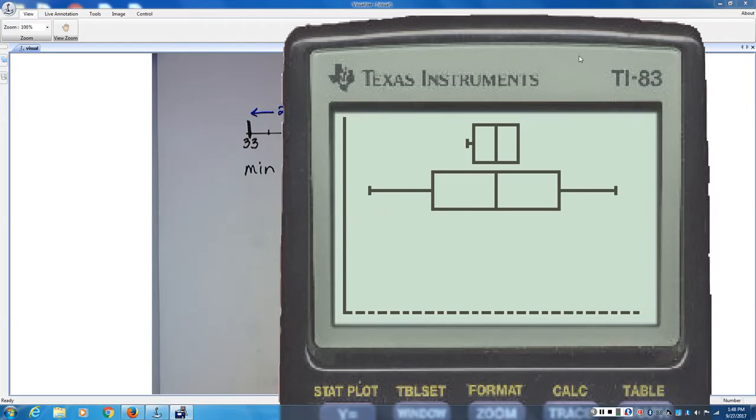That's how you make a box plot. What this box plot tells us is that 25% of the data are that little short line right there.